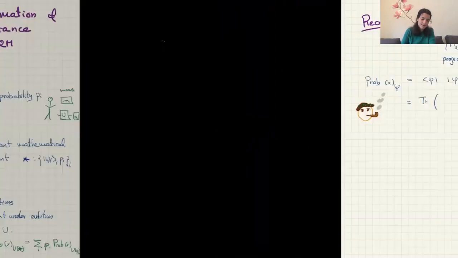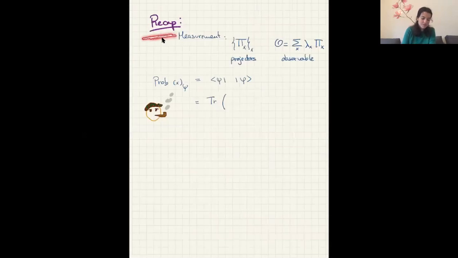Okay. Then we wanted to recap what we know about measurements and the probability of getting an outcome. As we saw, we can represent a measurement by either projectors or observables, where we have one projector corresponding to each outcome X, which is not necessarily position X, it's any outcome, depending on the setting. The observable is the weighted sum, where the weights are given by the labels corresponding to each possible outcome, so this is a series of matrices.